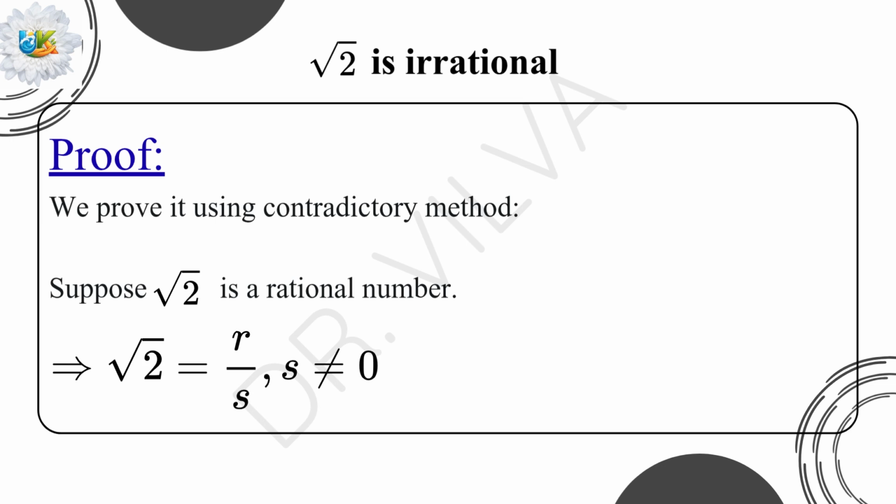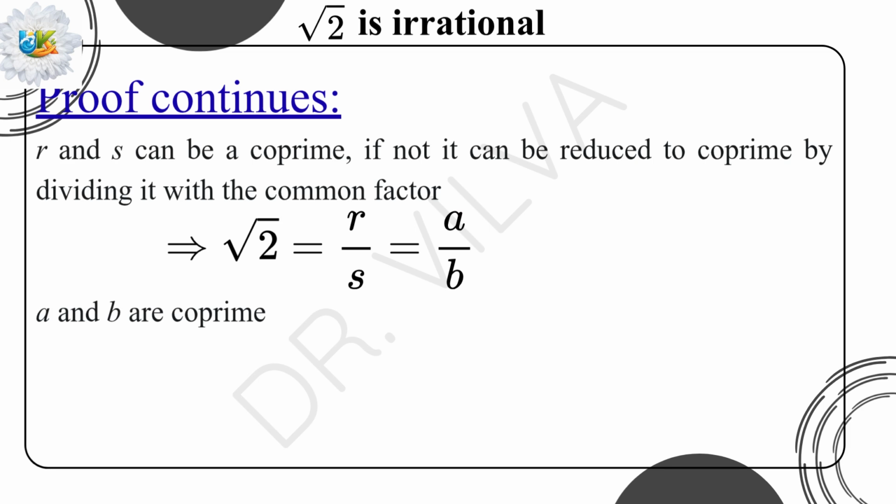If that is true, we can write it in the form r by s, where s is not equal to 0. Now, r and s might have common factors or they might already be co-prime as we discussed earlier.